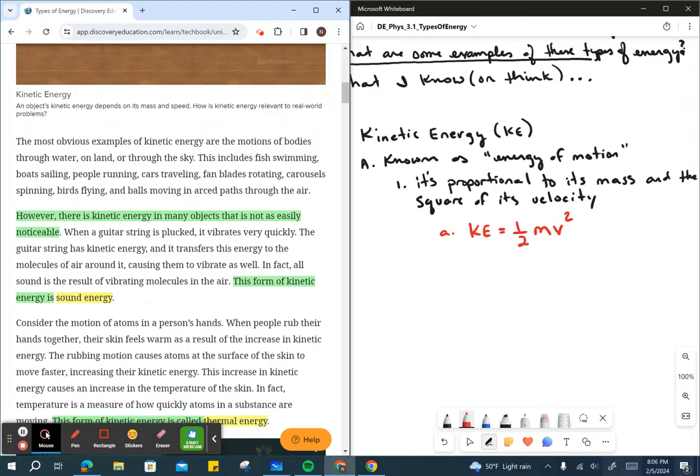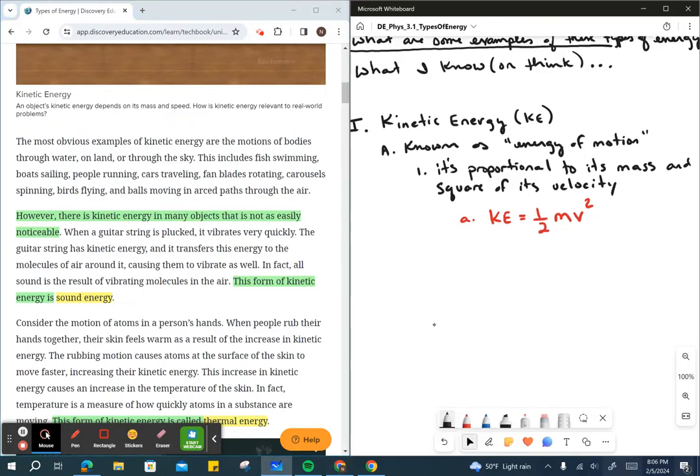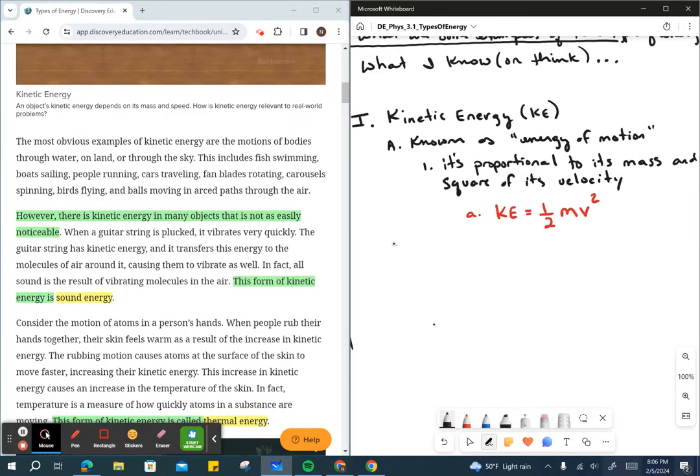So maybe we can say letter B. Some examples of kinetic energy are obvious.